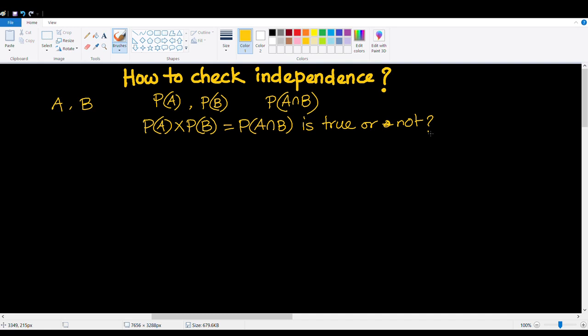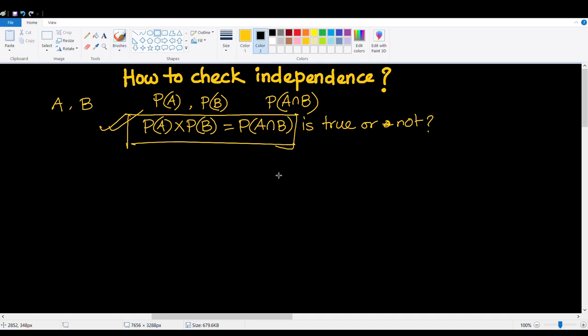If this holds, then you can say that A and B are independent events, and if it doesn't hold, that means the events are dependent. We are going to learn about dependent events at large in our conditional probability lectures.